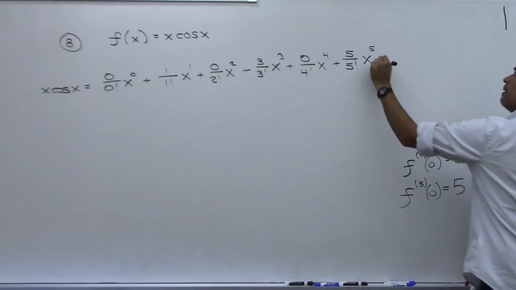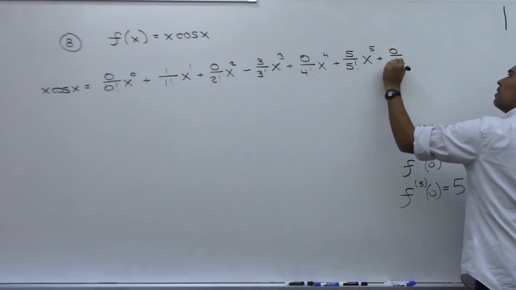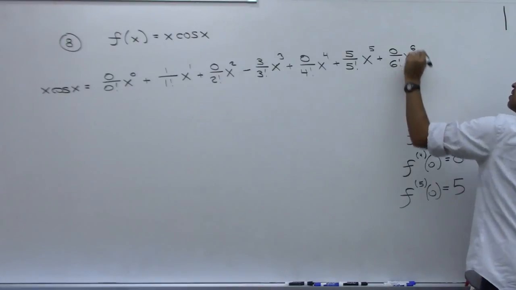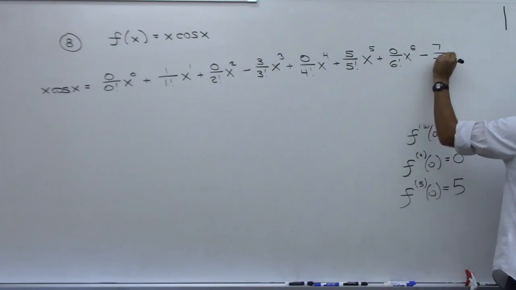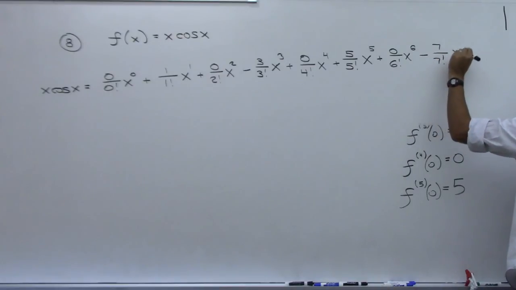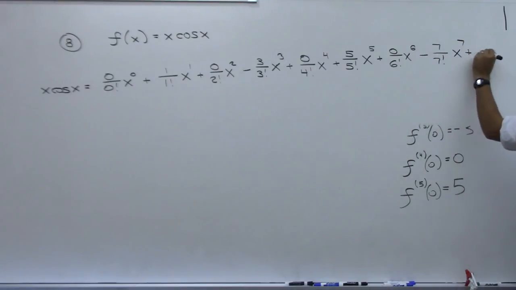I'll do 2 more. Plus 0 over 6 factorial x to the sixth, and then the next one should be minus 7 over 7 factorial x to the seventh, plus dot dot dot.